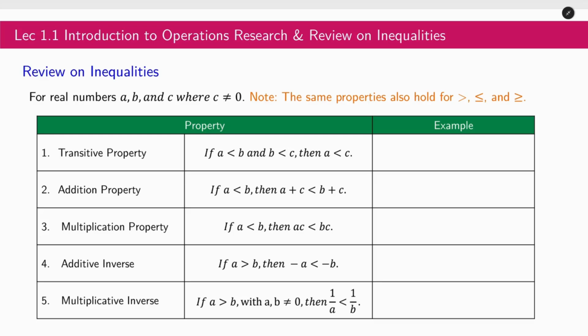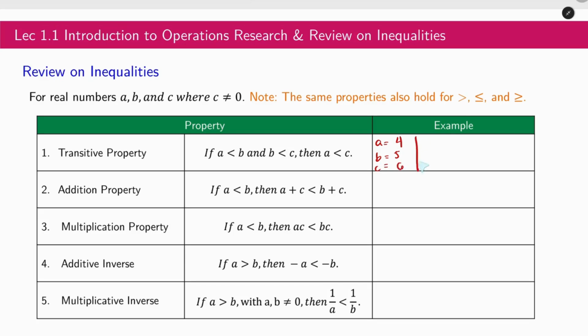For the transitive property, if A is less than B and B is less than C, then A is less than C. Suppose that we have a particular example: A is equal to 3, B is 5, and C is equal to 6.